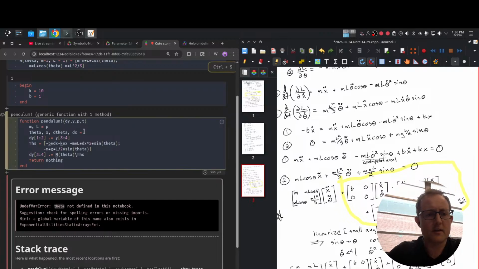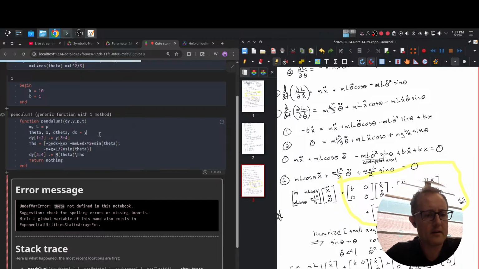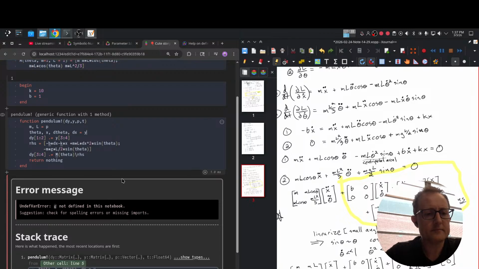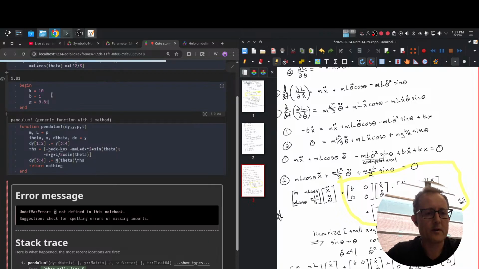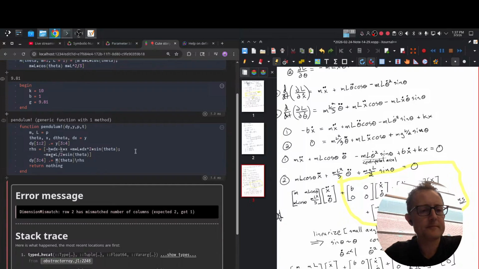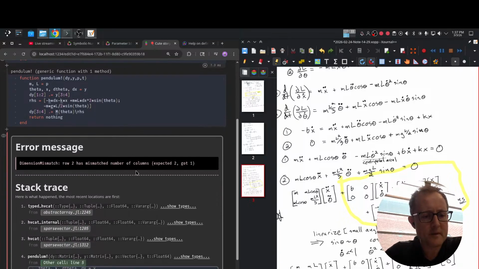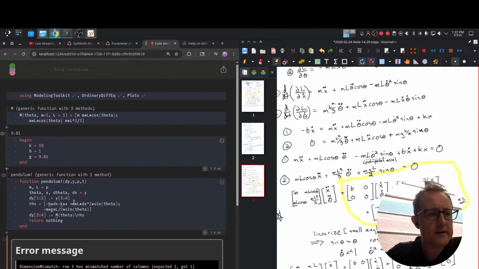Those are equal to y. G is not defined. We can define that. I know what it is. We're here on Earth. Row 2 is mismatched elements. Oh, that's okay. Just get rid of that space.